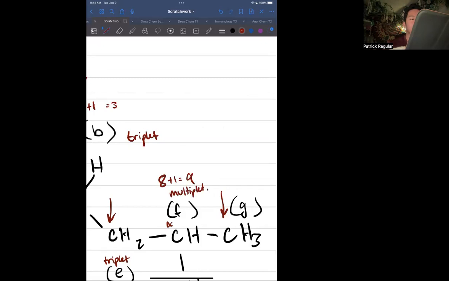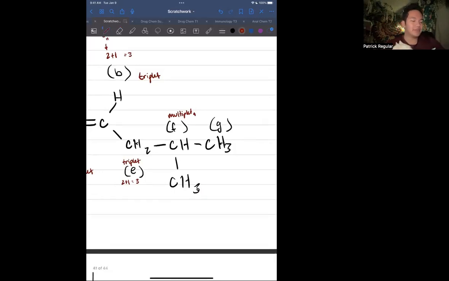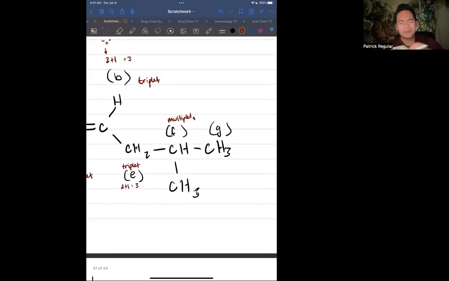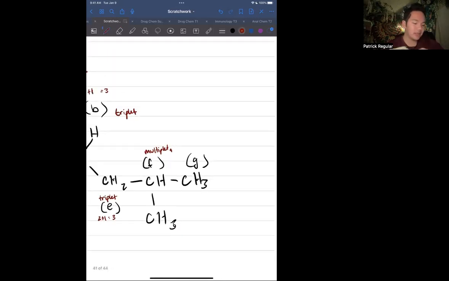On the test, if we're asking you straight up to identify them, I don't think we'll ask you how many. You can just write multiplet, but obviously if you're doing a combined spec on the test, we expect you to know, because you're going to build the structure. So let's do G. G is going to be this alpha carbon.